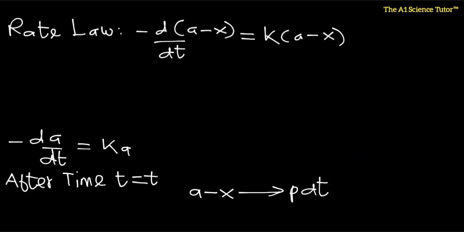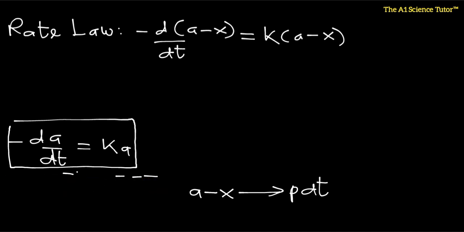Now remember, in the beginning, we had this one. That is the rate law equation for a reaction in which no time has been spent. But this is after some time t. So I think I need to rewrite this on top at this place. So this is after some time t.